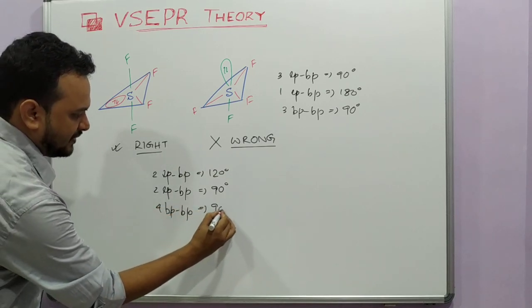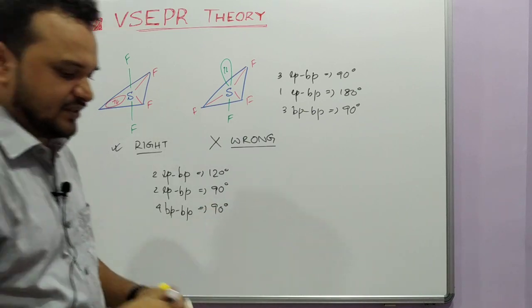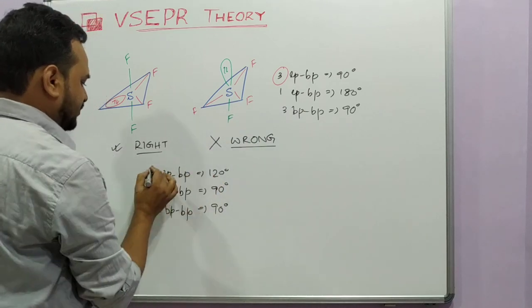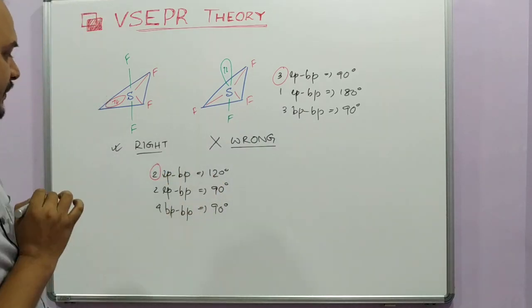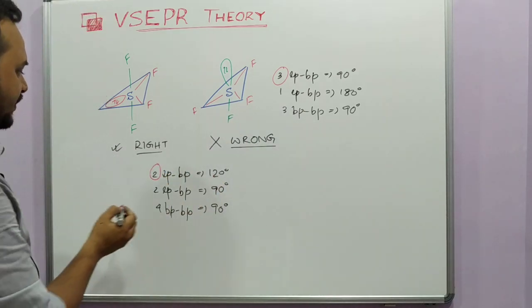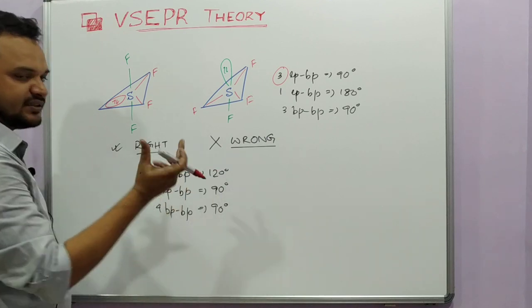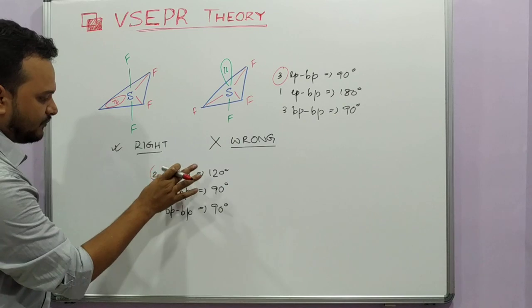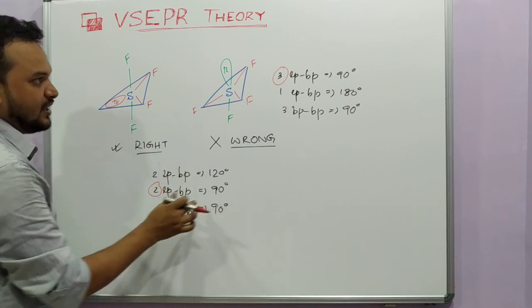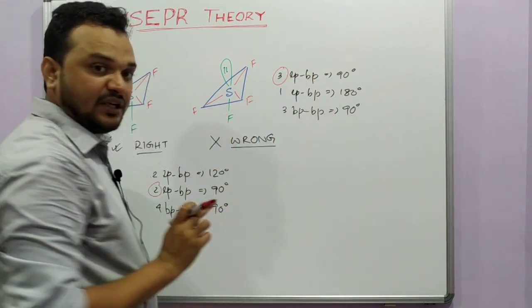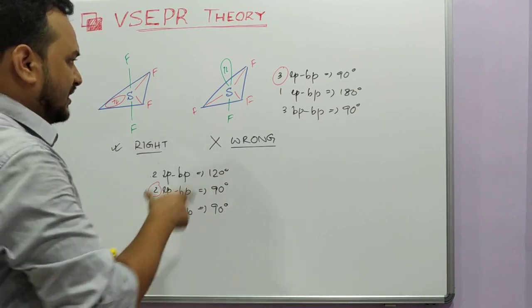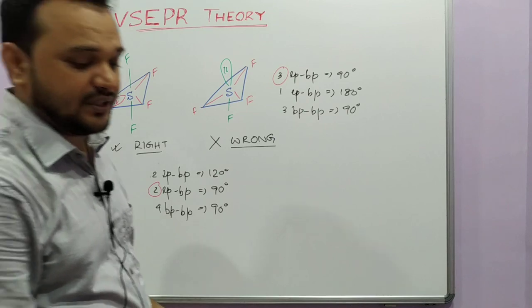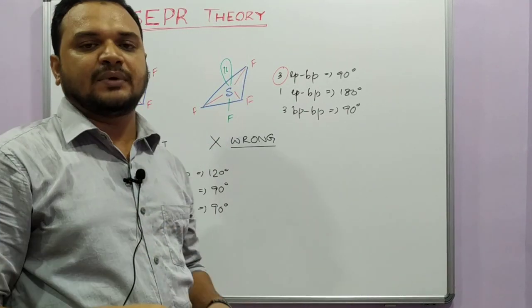right? Here the most important factor is this one. Lone pair repulsion is much greater than bond pair repulsion, right? And greater the angle, less is the repulsion. So at 90 degree here we have 2 lone pair repulsions, but here at 90 degree we have 3 lone pair repulsions. So clearly, as a net result, here the total repulsive force of interaction will be much greater, that will destabilize the molecule.